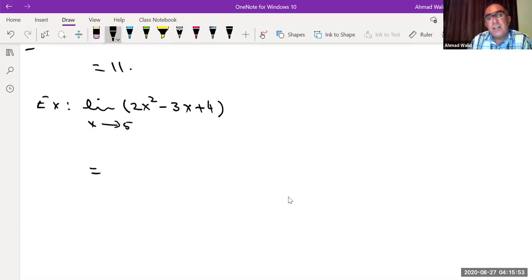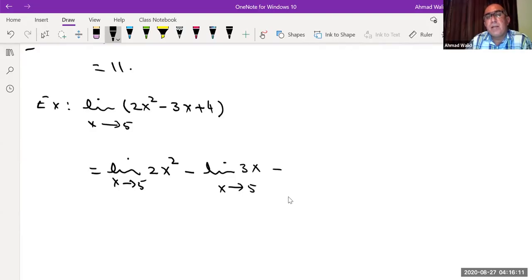Limit of subtraction and addition, separate all of them. You can write the limit as x approaches 5 of 2x squared, minus the limit of 3x as x approaches 5, plus the limit of 4 as x approaches 5. Now, here you see two rules come together, a constant and also the exponent rule.